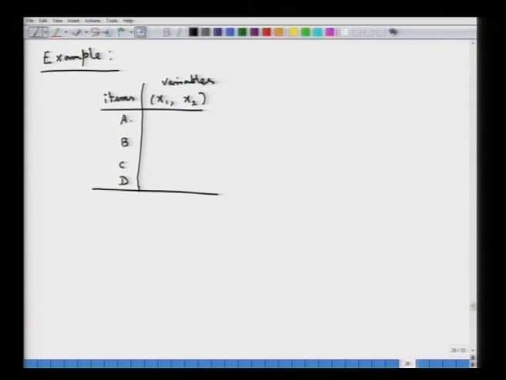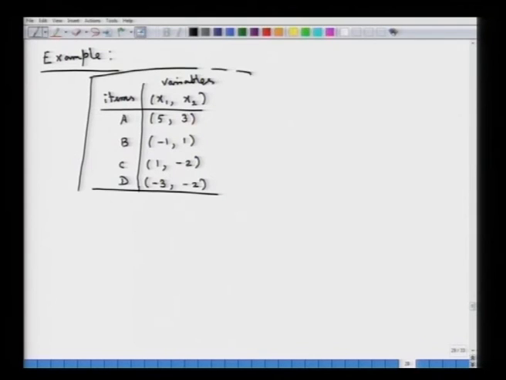So, these are all 2 dimensional data, so that the first case is characterized by the vector (5, 3), the second by the vector (-1, 1), the third case by (1, -2), and the fourth case, or case D, by (-3, -2). So, this is the data we have to start with, and starting with this data, we will look at how to get to a k-means cluster.